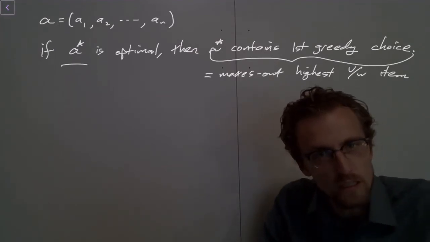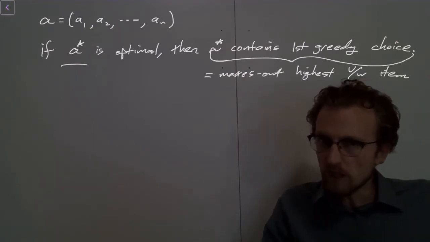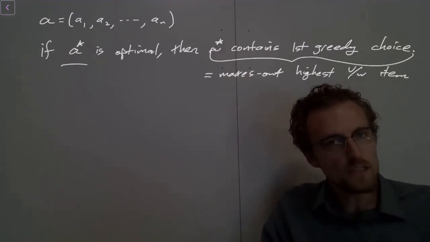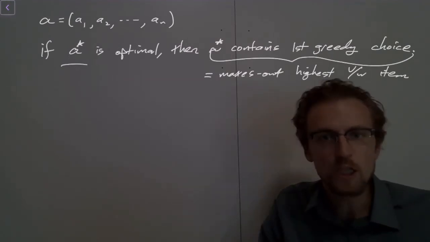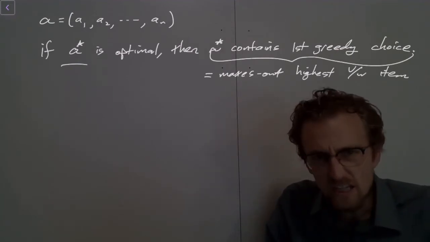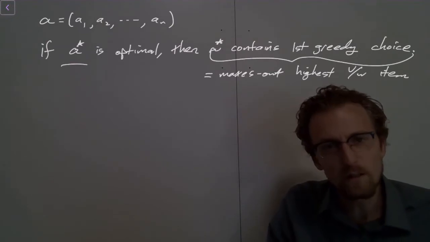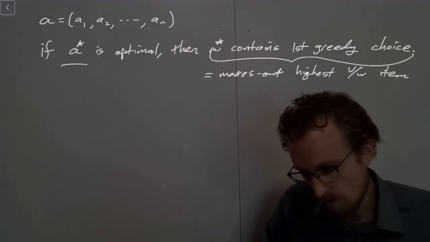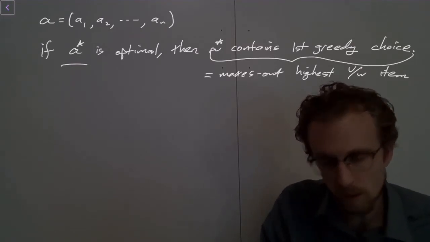So we're going to ignore everything else the greedy algorithm does and just try to prove: is the first thing the greedy algorithm did optimal? Looking at this, it's hard to see where you would take it. This is a fairly large statement, so let's reformulate it in a way that makes it much easier to think about.